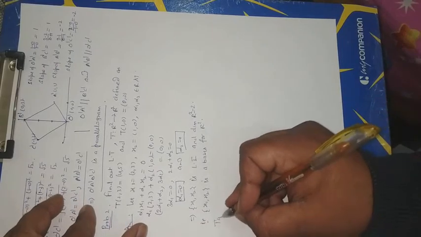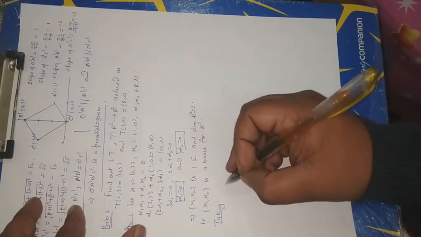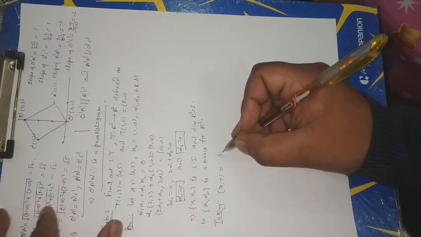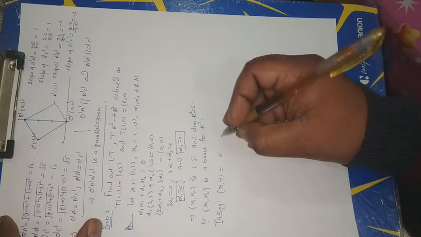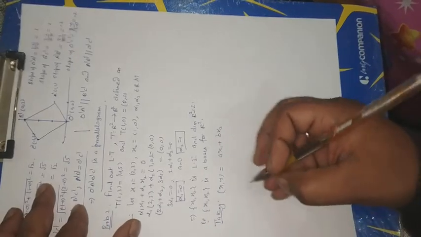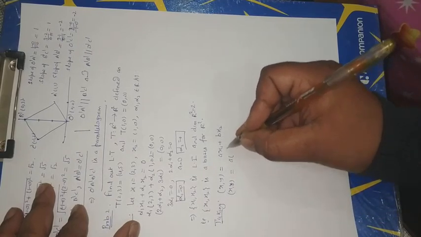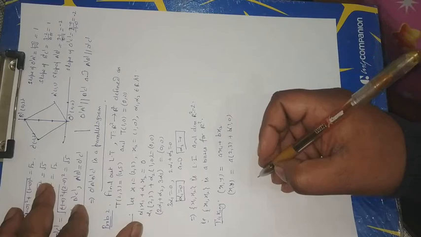Now my purpose is to evaluate the value of the transformation. Now taking (x, y) is equal to a x1 plus b x2. Now (x, y) is equal to a times x1, (2, 3), plus b times x2, (1, 0).